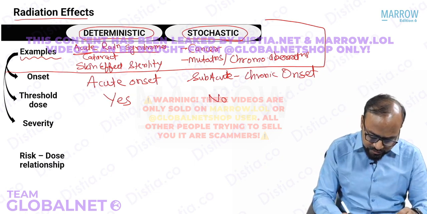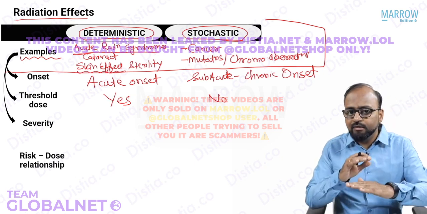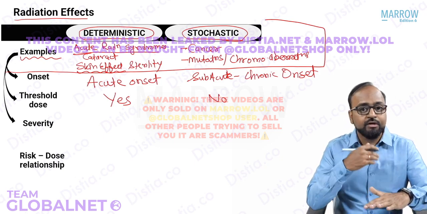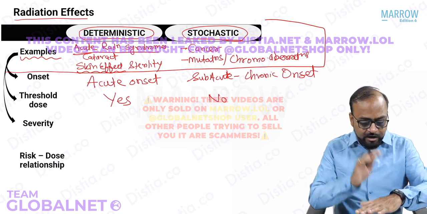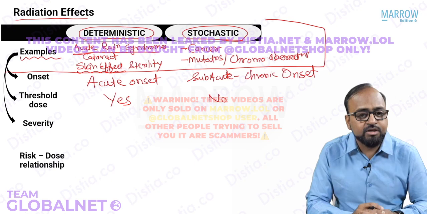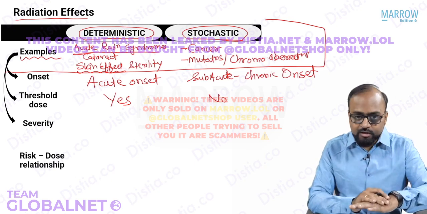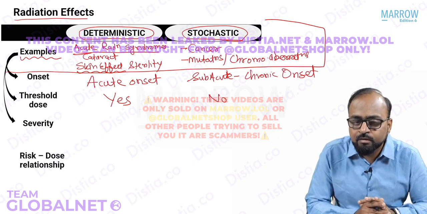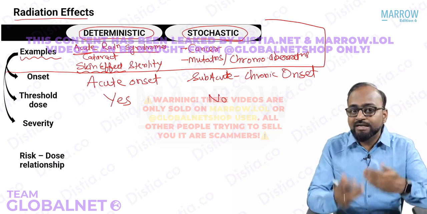So look at the skin effects. What is happening to the severity of the skin effect when the radiation exposure is increasing? Right, the severity is also increasing. Now instead of 100 units, let's say there is a short circuit inside the CT scan machine. There is an explosion and the patient's body is exposed to not 10, not 100, 1,000 units. What will happen? This is what happens in those nuclear accidents like Chernobyl.